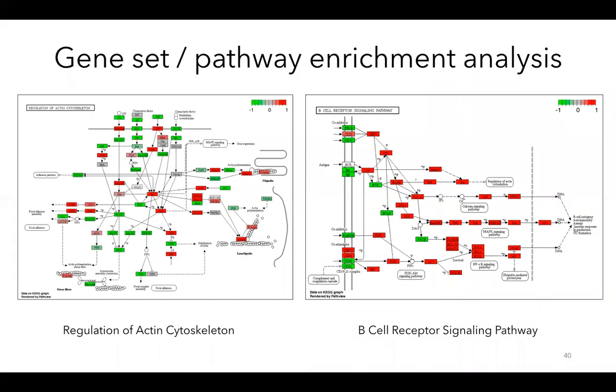an output like this. This is a really nice output, because here you are looking at the complete pathway. You're looking at regulation of actin cytoskeleton, B cell receptor signaling pathways, and in here what you are finding is the gene expression. If you see the colors in this pathway, you're looking at which genes are overexpressed, which are low expressed, high expressed.